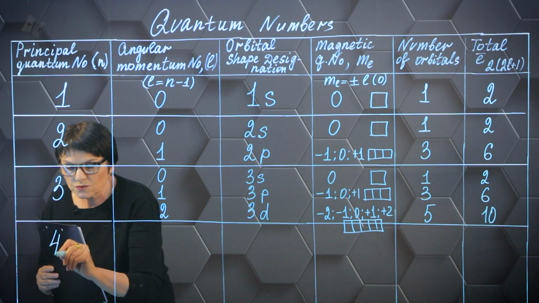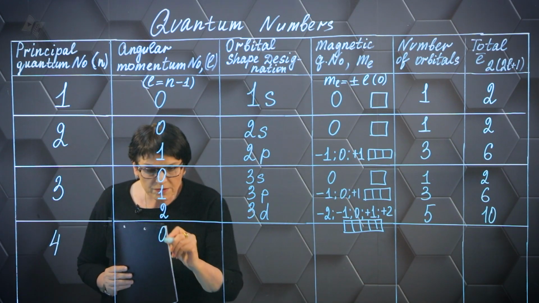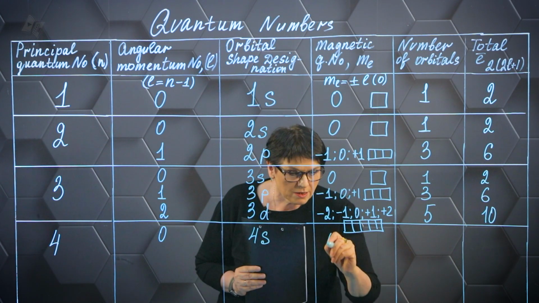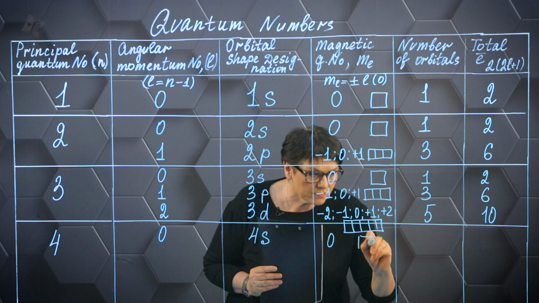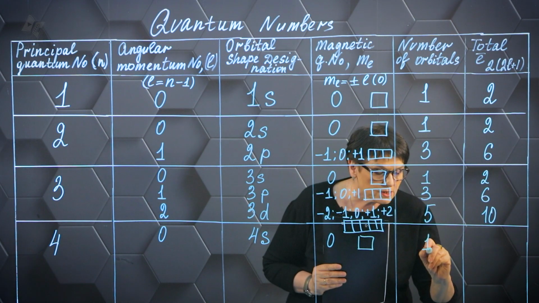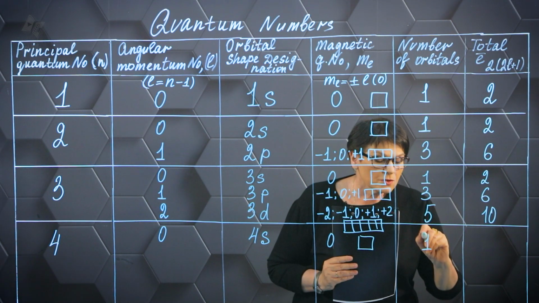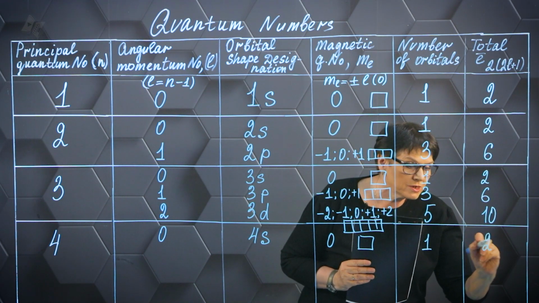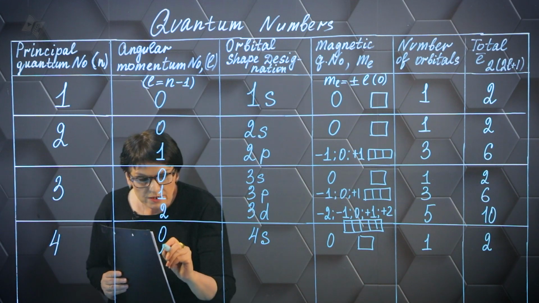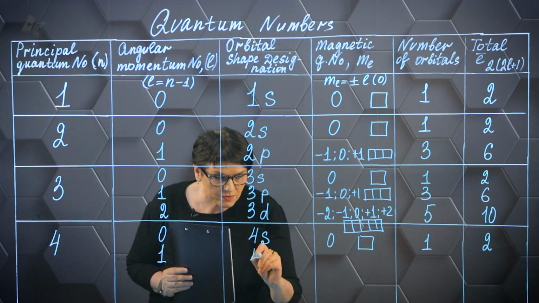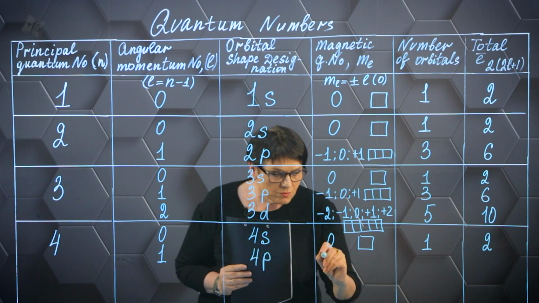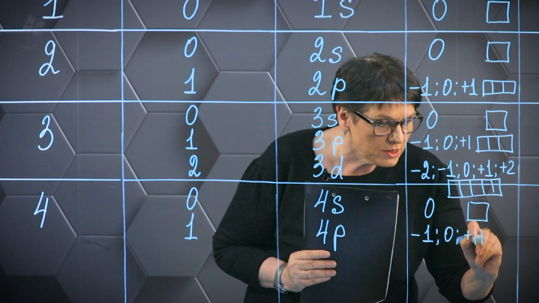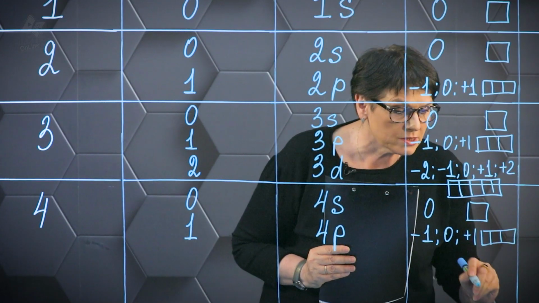And let's look at the fourth energy level. The first one is 0, and that corresponds to 4s. So the magnetic number is 0, 1 quantum cell, 1 s orbital and 2 electrons here. Next, the orbital number 1 corresponds to 4p. That would be -1, 0, +1, and it corresponds to 3 quantum cells.